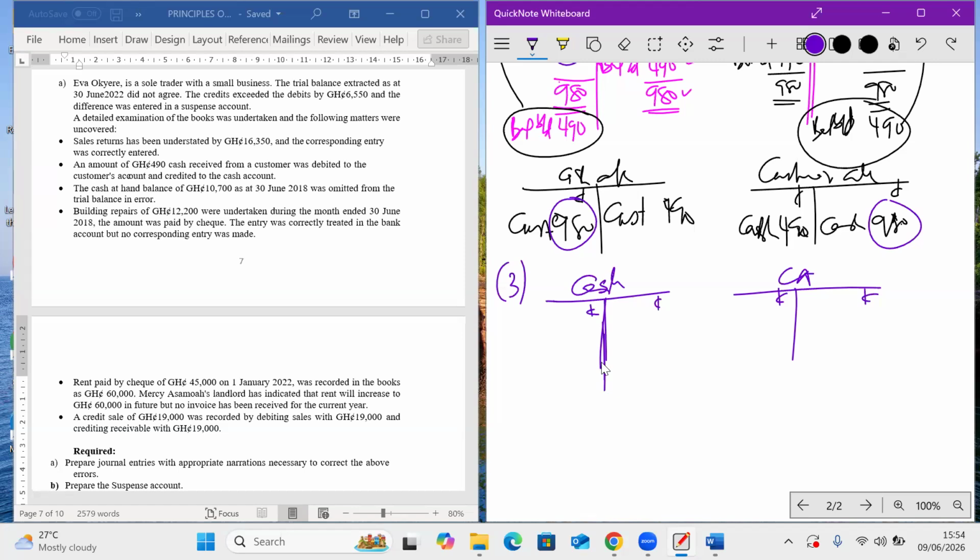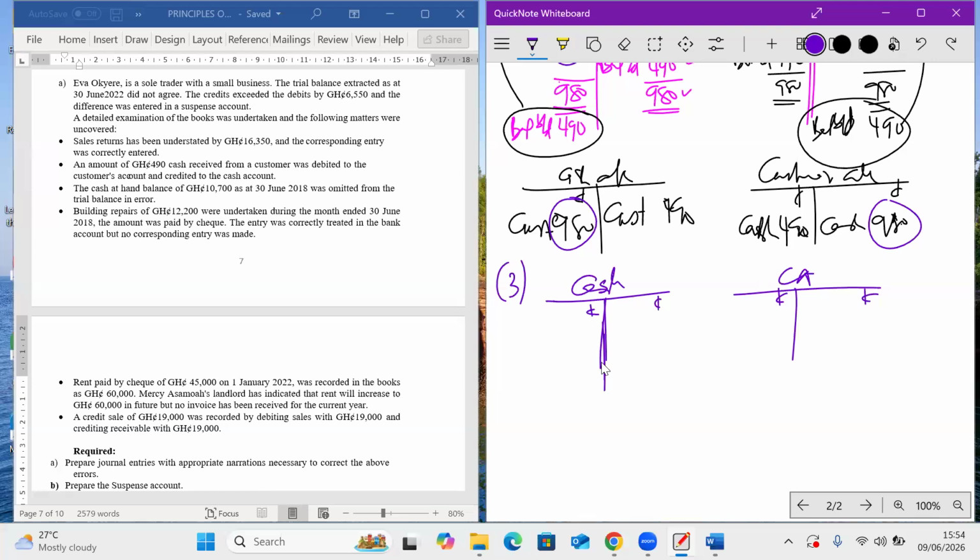Are you getting it? Yeah. In such a case, it's an error of omission for both accounts. But here, though they use the word omitted, the omission is only affecting one account, and it's a single entry. Error of single entry says that the double entry is done for only one account, but the other entry is not done.